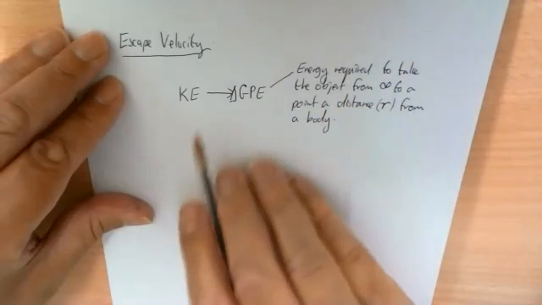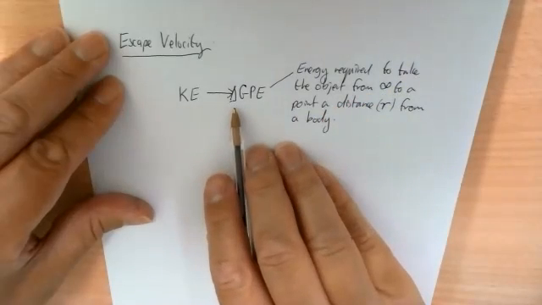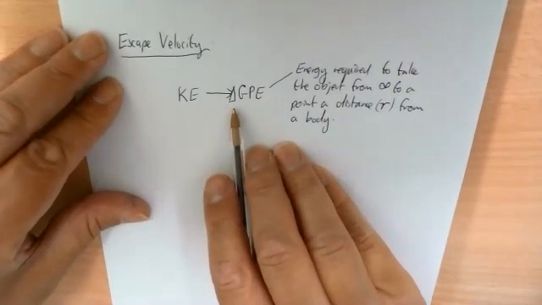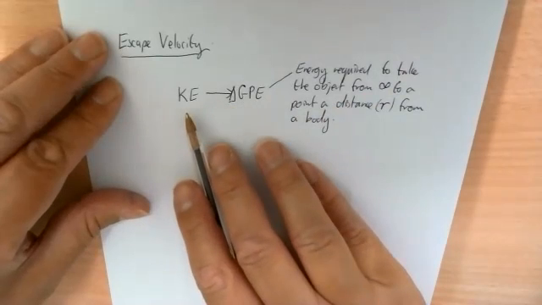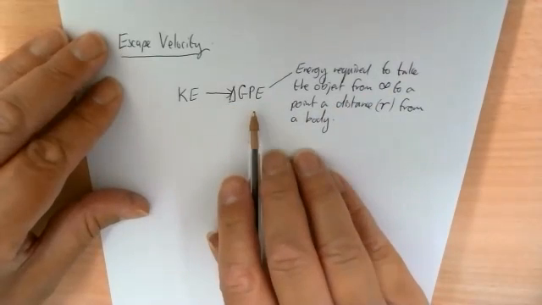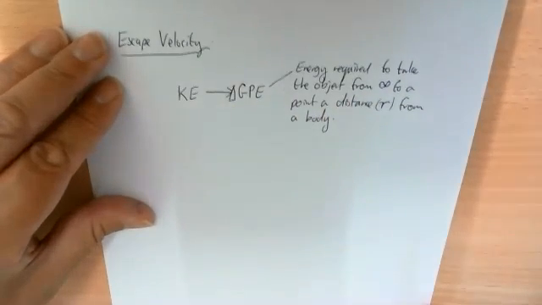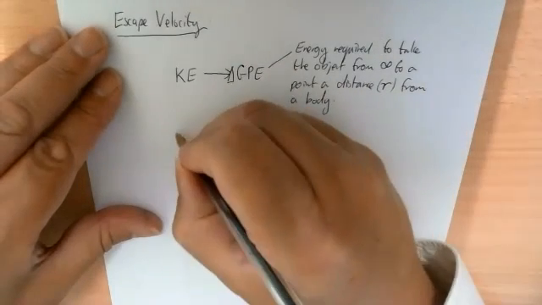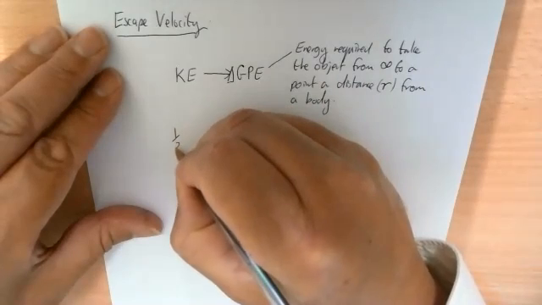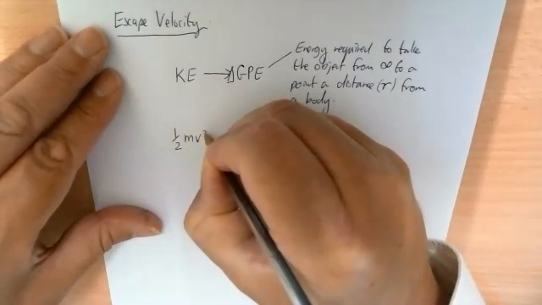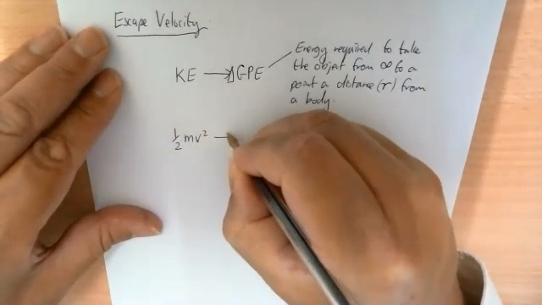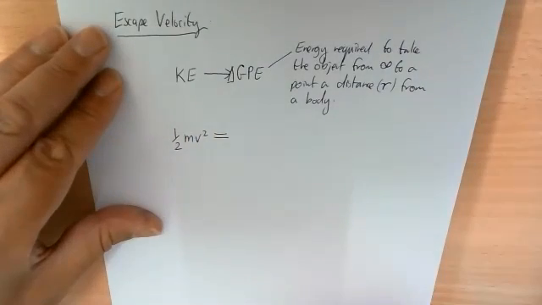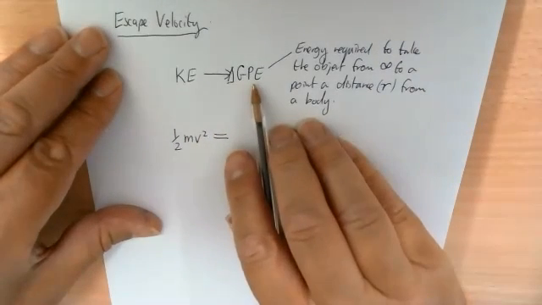So if you think about it, if you put that much energy into an object in terms of its kinetic energy, that kinetic energy will become zero once the body's reached infinity, which sounds a little bit odd, but it does work. So the idea is that if we take the kinetic energy of an object, we say it's equal. Well, you know that with gravitational potential energy, it's a negative number because it's an integral.